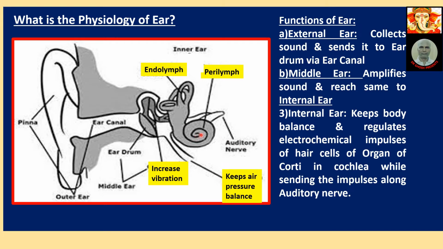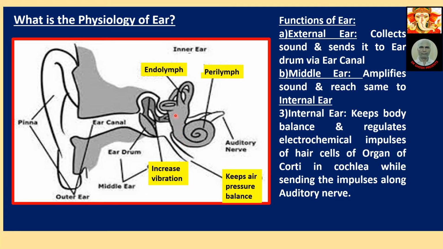The internal ear has two parts: the semicircular canal and the cochlea. The cochlea is filled with perilymph, and this perilymph conducts electrochemical impulses to the auditory nerve for hearing. The vibration is taken up by this fluid, and there are many fine hair-like structures here.